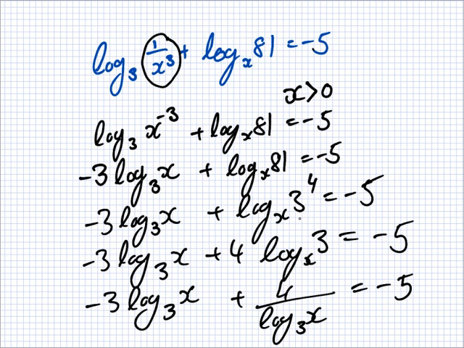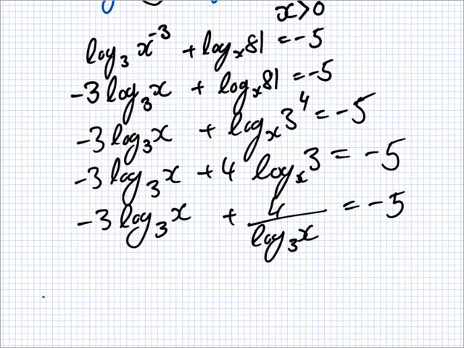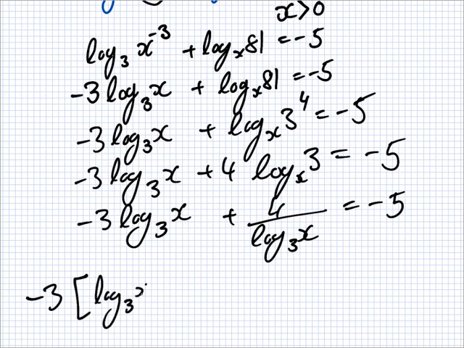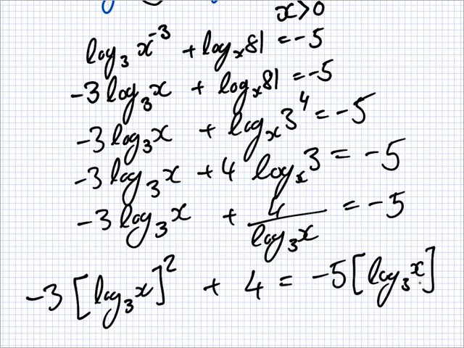No combining just yet. Yeah, you have two choices. You can use a substitution, but what I'll do is it's similar. I'll just multiply everything by log 3x. So if I multiply everything by log 3x, I'll get -3 bracket log 3x squared plus 4 equals -5 bracket log 3x, like that.